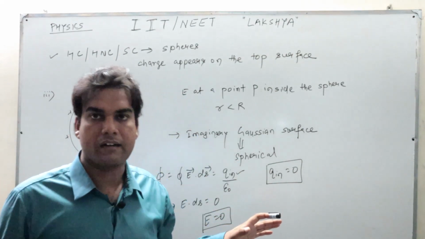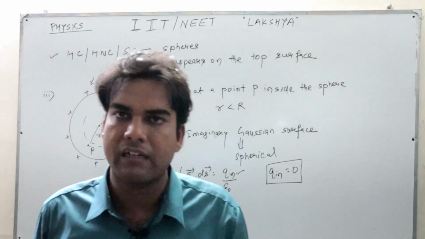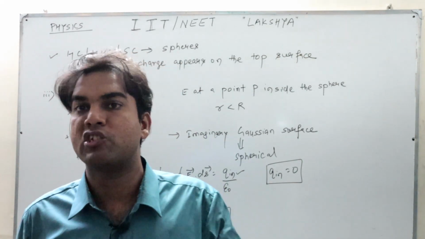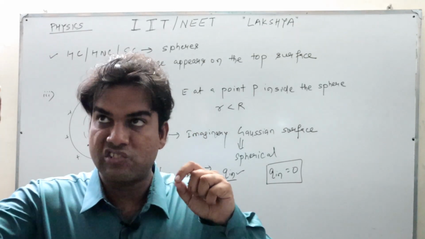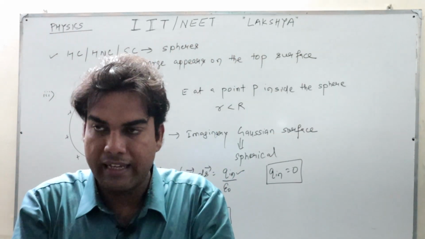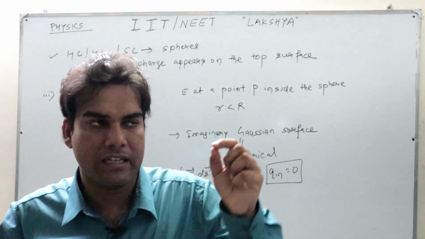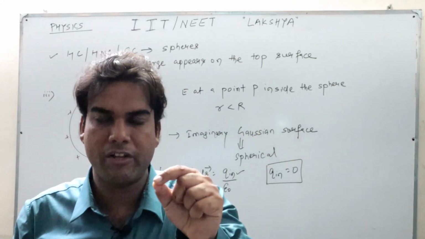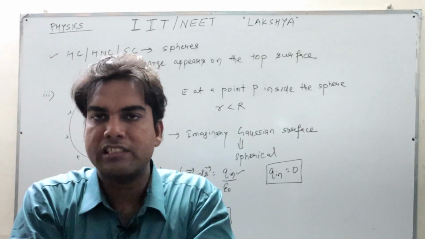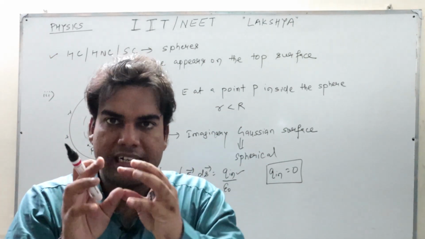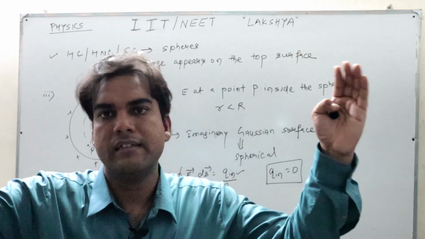Inside a conductor there is no electric field, because charge does not reside inside a conductor. Since the charge is accumulated only on the surface, when we take the Gaussian surface inside, no charge is there, because the entire charge is distributed on the surface.